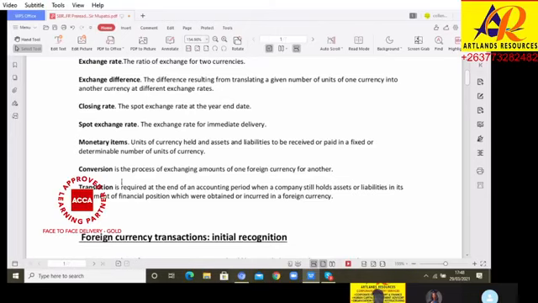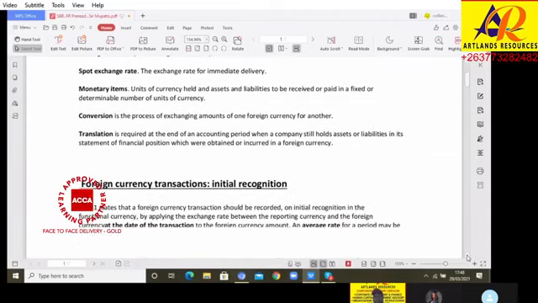So translation doesn't involve cash movement. It is required at the end of an accounting period when a company still holds assets or liabilities in the statement of financial position which were obtained or incurred in foreign currency. We have to translate those assets and liabilities to the presentation currency. So translation is merely a restatement of financial statements from one currency to another.